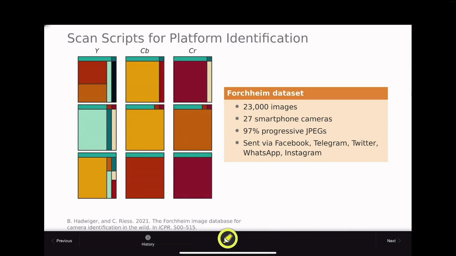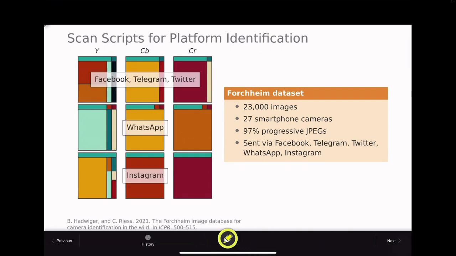Another surprise was that we were able to link those scan scripts to the social media platform that the images were sent over. While Facebook, Telegram, and Twitter all use the same default standard scan script, WhatsApp and Instagram use distinct scan scripts. Every image that was sent via WhatsApp used this exact scan script, and all images that were sent via Instagram use this distinct scan script.